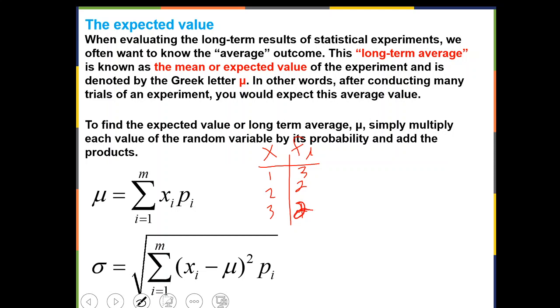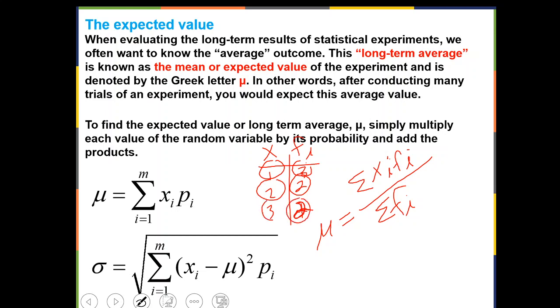So we know mu is the sum of xi times fi divided by the sum of fi. Sigma means sum, so you do 3 times 1, then 2 times 2, then 2 times 3, and add them all up, which is the numerator. Then you add the frequencies to get the denominator, and you get mu.